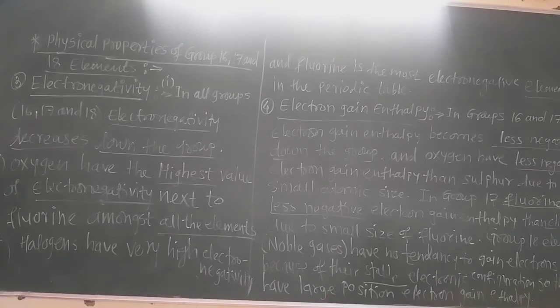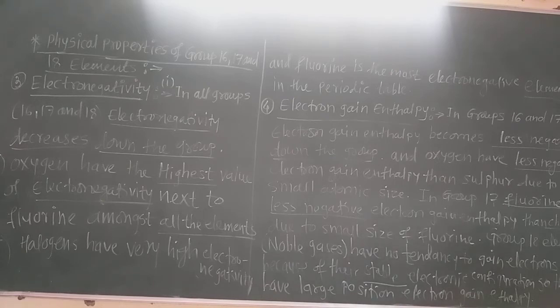The attraction of the nucleus towards the outermost electron decreases, because there is the screening effect between the outermost shell and the nucleus. So the electronegativity value to attract the electron towards the atom also decreases from top to bottom. But in the period, electronegativity value increases from left to right.